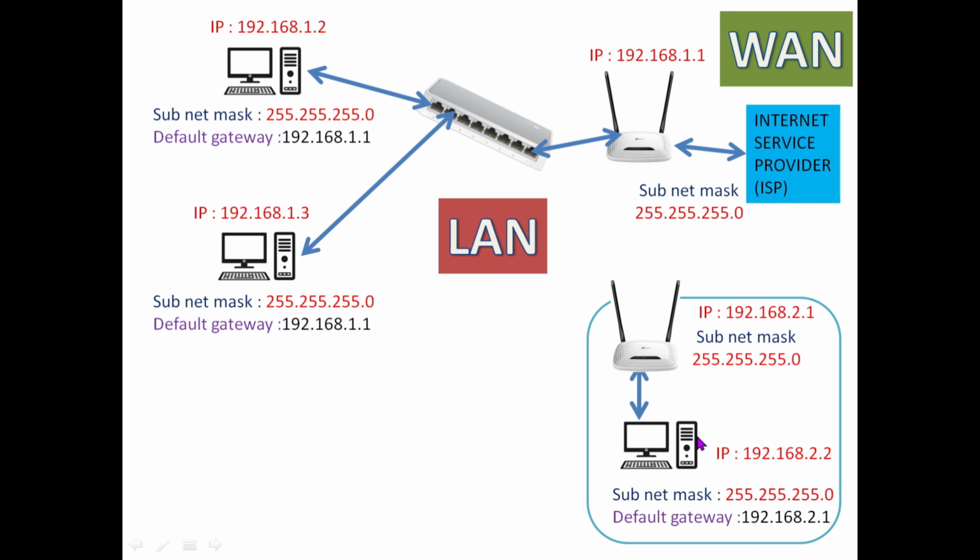In order to communicate, we need to connect these two routers. So we will use one IP address from this router as the interface of this router, that is 192.168.1.254, which is the last IP address of this router, acting as an interface into this router, and by connecting these two routers, we can communicate between these two networks.